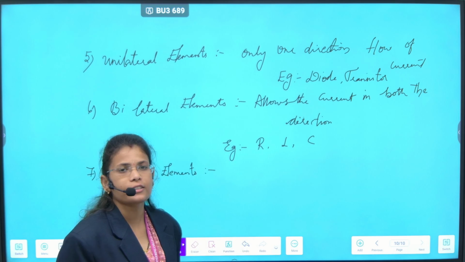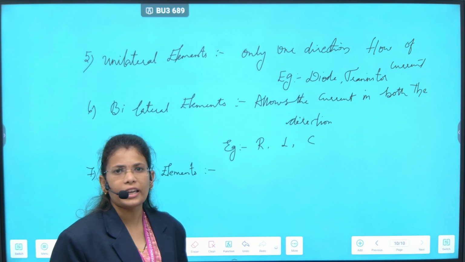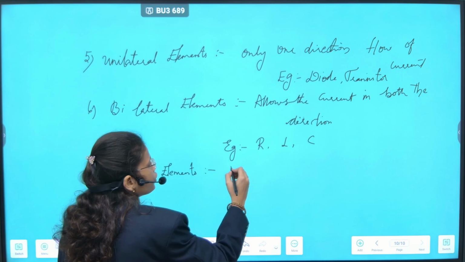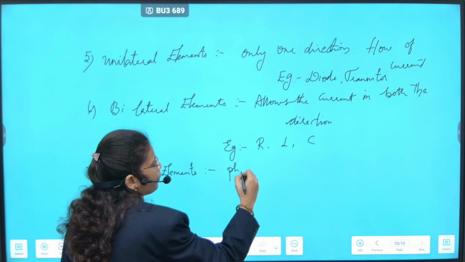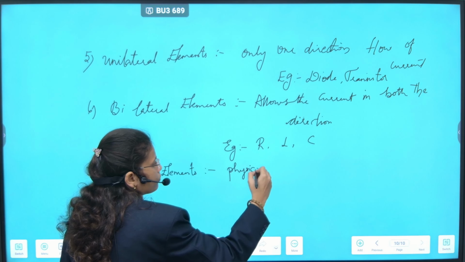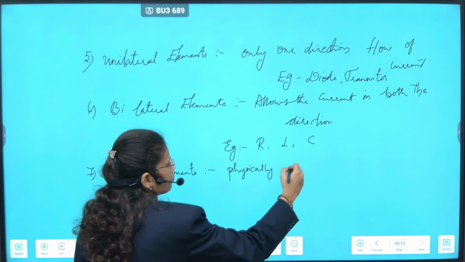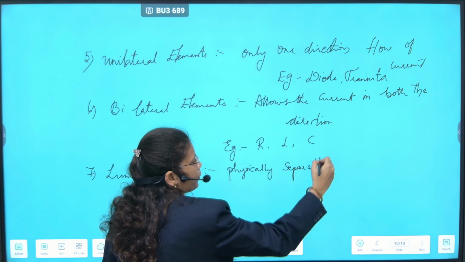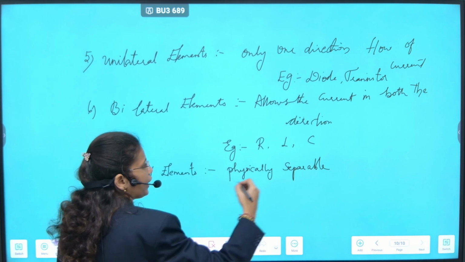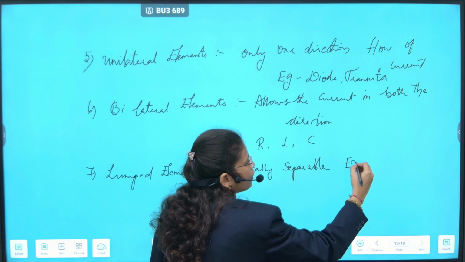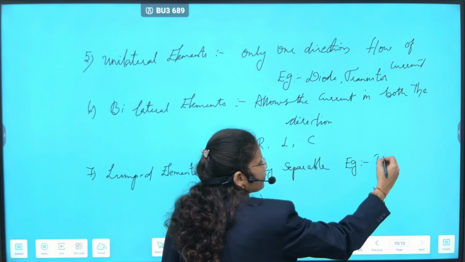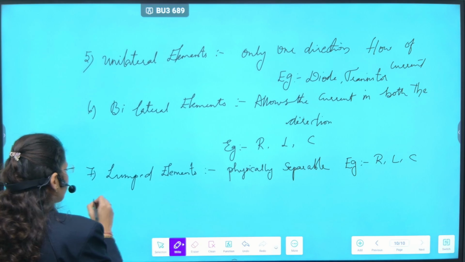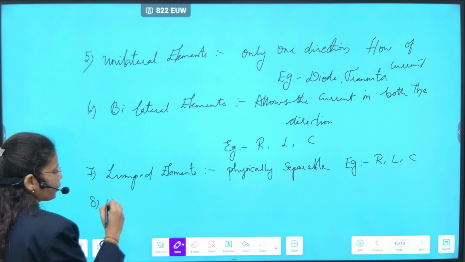If we connect the circuit, we can remove the elements from it. Examples are resistor, inductor and capacitor. Next elements are distributed elements.